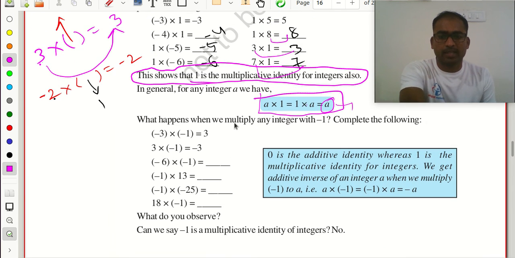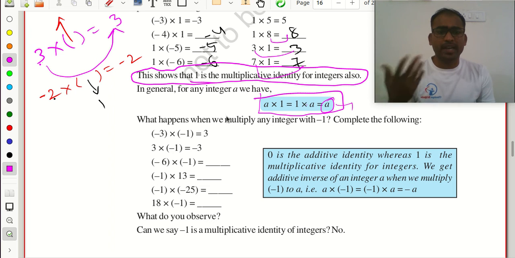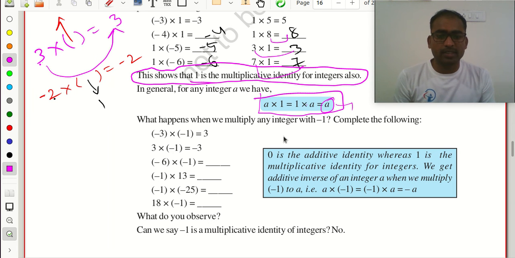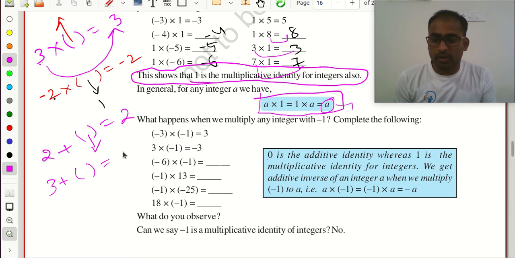Okay. Next, what will be the additive identity? Now we learned the multiplicative identity. What is the additive identity? Suppose 2 is there. I need to get 2 here. What should I add here for getting the answer 2? Suppose 3 is there. Suppose if I put 1 here, 2 plus 1 is 3. It is not a 2. So, 0, sir.